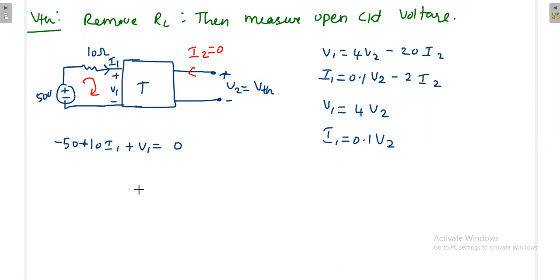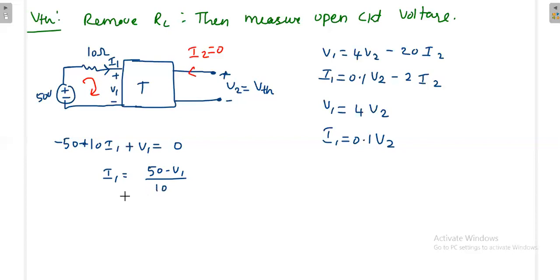Now from this you can calculate I1. The I1 is 50 minus V1, divided by 10.